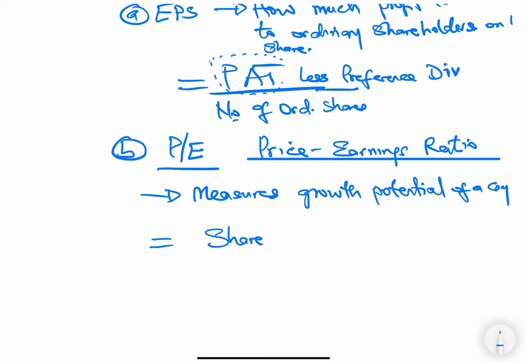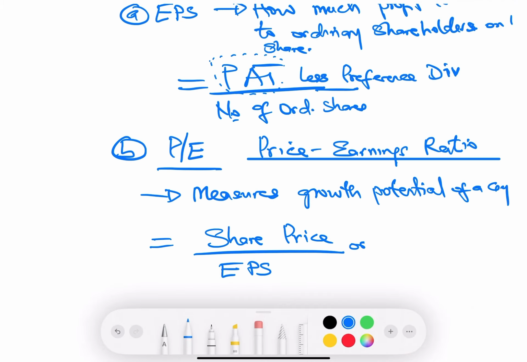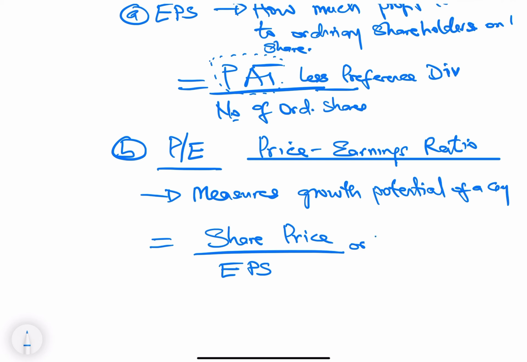It's just in this same word, price over earnings. So it's share price divided by earnings per share. And if we want to use the total value, you can also say total market value divided by profit after tax.